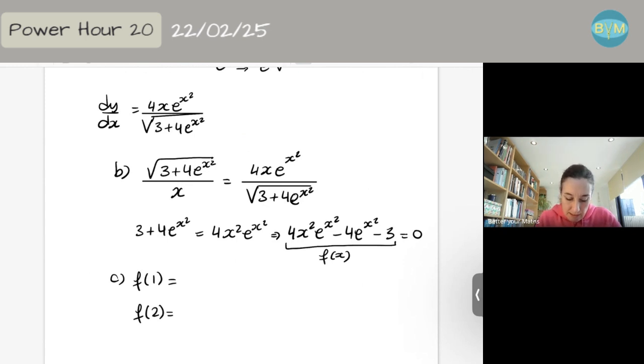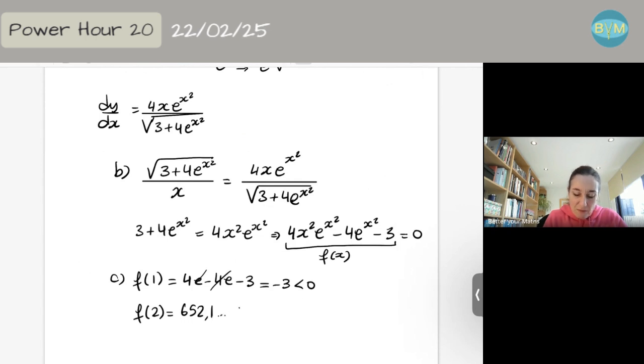So when x is 1, this is 4e minus 4e minus 3, so it's minus 3, smaller than 0. And when I have 2, I have something a bit longer. I get 652.